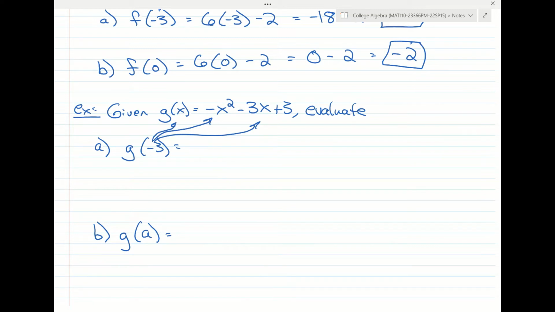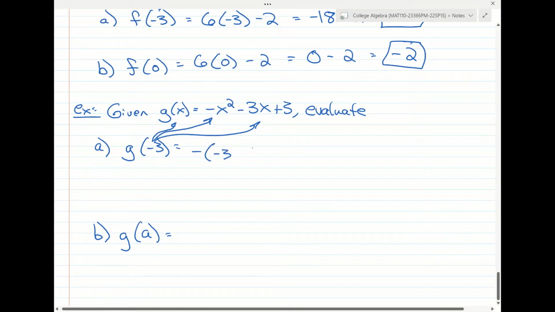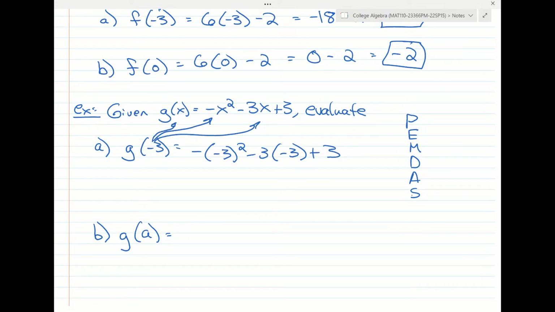So let's follow order of operations. Negative x, which was negative 3 squared, minus 3 times negative 3 plus 3. You have a calculator, you could just type it in. For this particular problem, we want to make sure we follow order of operations. Negative 3 squared is 9.